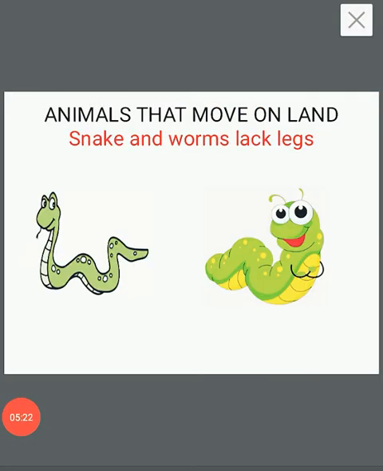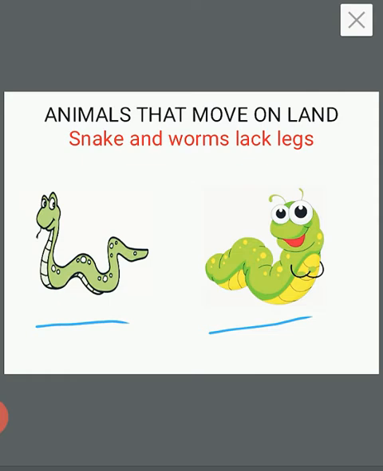We have one more category to discuss over here, and that category is about those animals which do not have legs at all. For example, this snake you can see, as well as these worms. They do not have legs. But how do these animals move without legs?